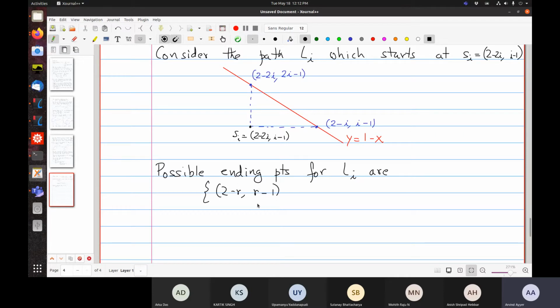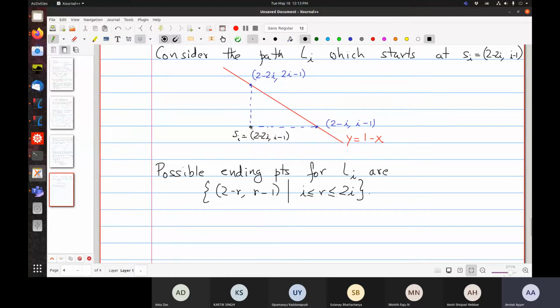That's the general way we have indexed the points here, where, what is the minimum value of the y coordinate? So i minus 1. So r is at least as big as i and at most as big as 2i. Okay.